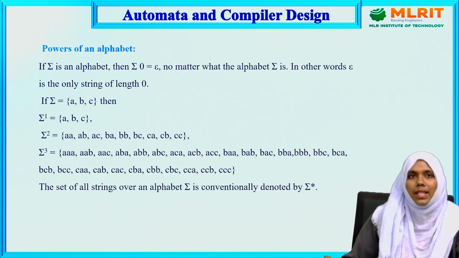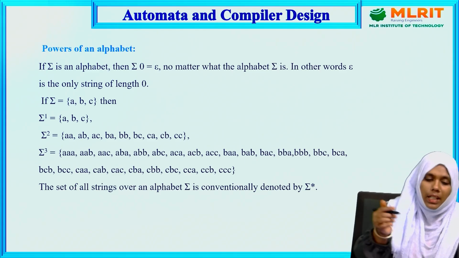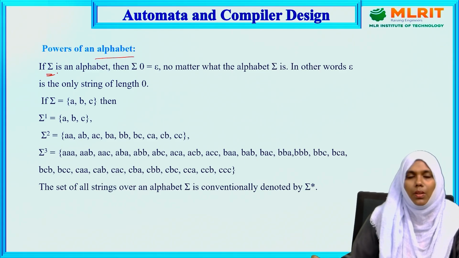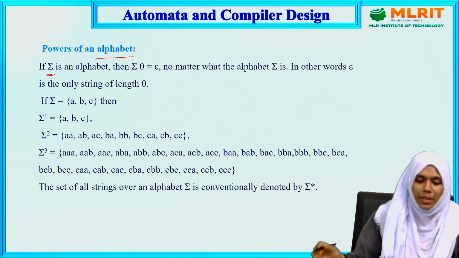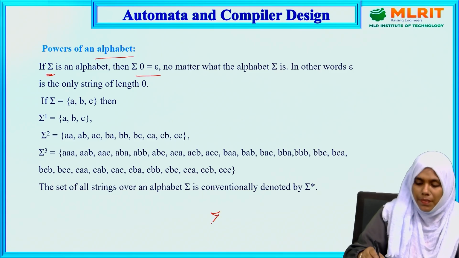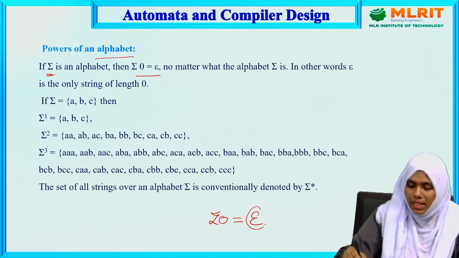Now, what is the power of the alphabet and how is it going to be represented? As I have said, the alphabet is represented by the symbol summation or sigma, which can also be considered as sigma equal to 0 if there is no alphabet. That can be written with this symbol, which is known as epsilon.